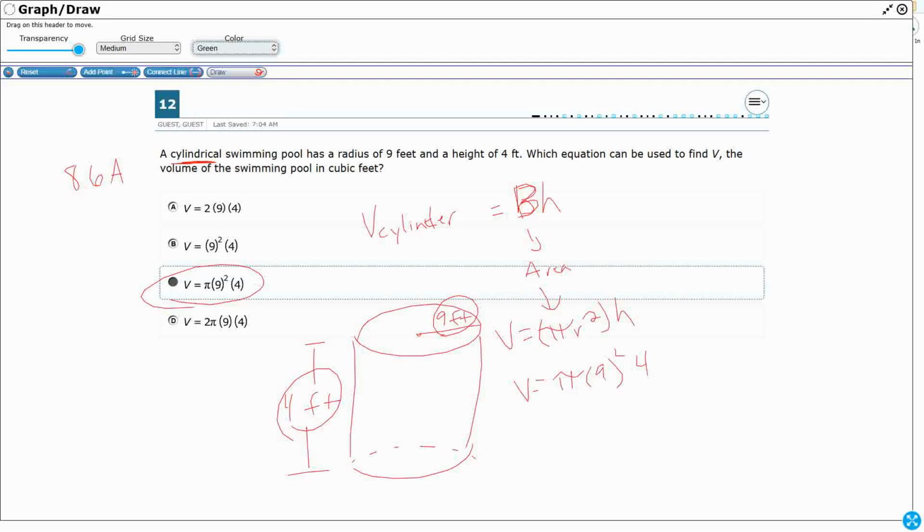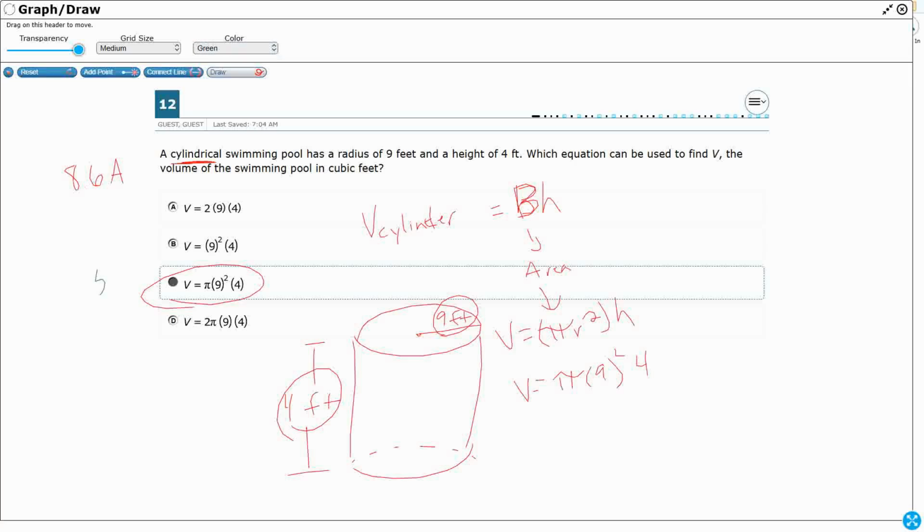And so we had 53% of our students get this one correct. So not horrible. Not 60%, but not horrible. We had 19% of our students choose B here. So we're just omitting the pi, right? It's the exact same except it didn't include that pi. We had 17% of our students choose D, and this is the circumference.